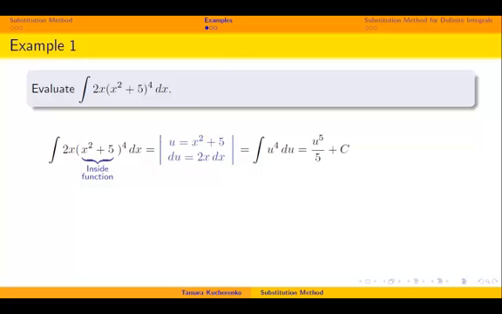We rewrite this in terms of x by substituting back x squared plus 5 for u. The final answer is 1/5 (x squared plus 5) to the fifth plus c.